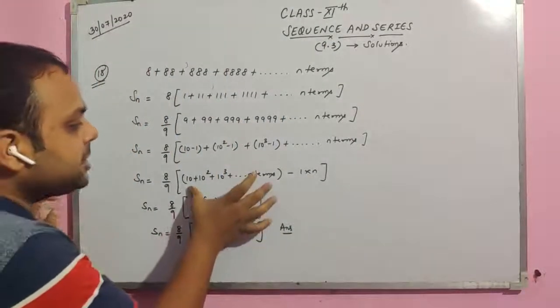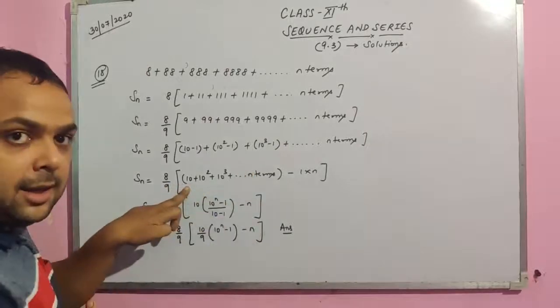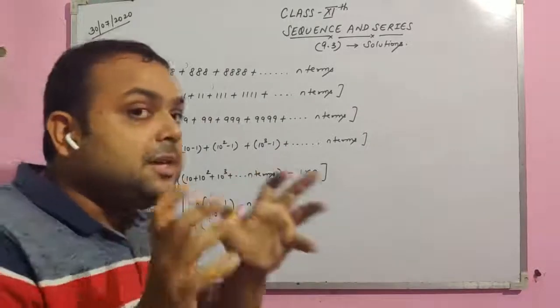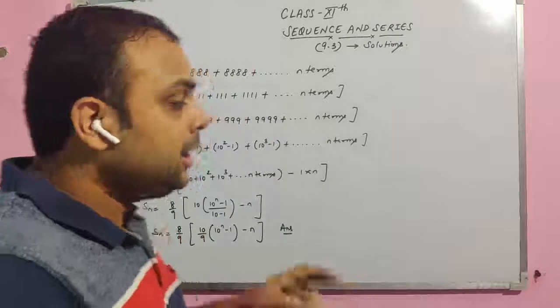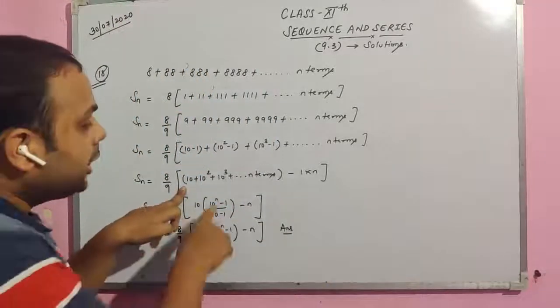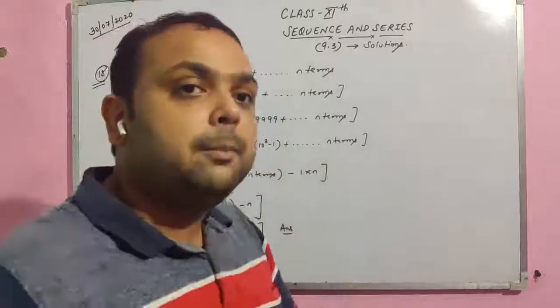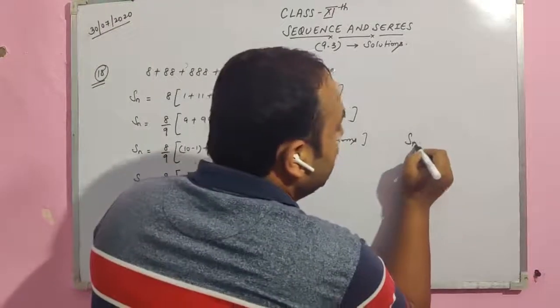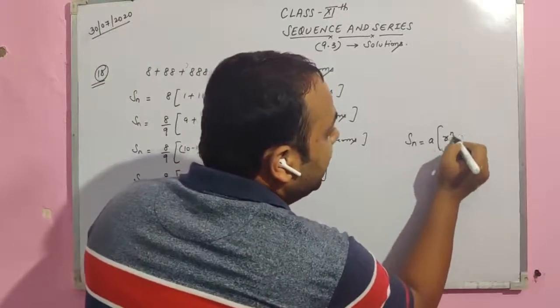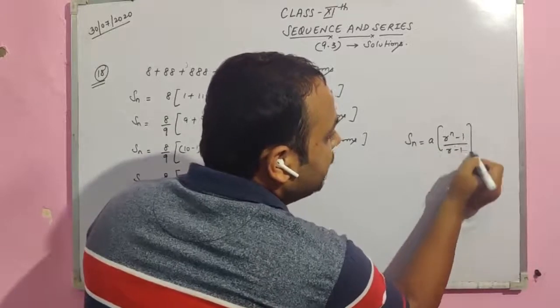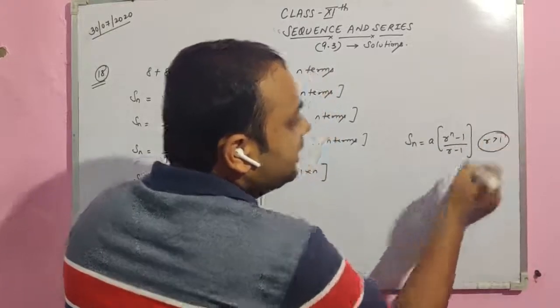Now this forms a GP where the first term is 10 and the common ratio is also 10. So we apply the formula of sum, which is Sn equal to a times r to the power n minus 1 upon r minus 1, when r is greater than 1.